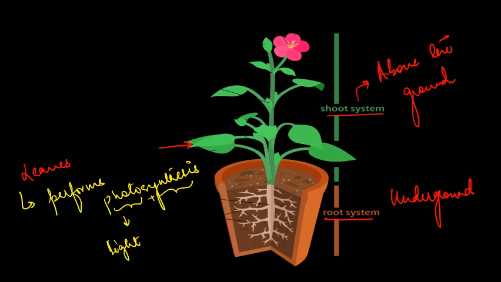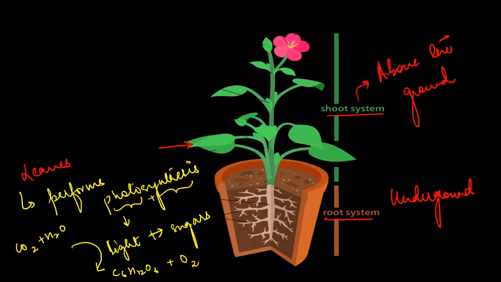In the presence of light, the plants synthesize sugar molecules, or glucose. That entire process is done by the leaves. In this process, the leaves take carbon dioxide and water and synthesize sugar, C6H12O6, which is also known as glucose, plus oxygen. So this is the function of your leaves.